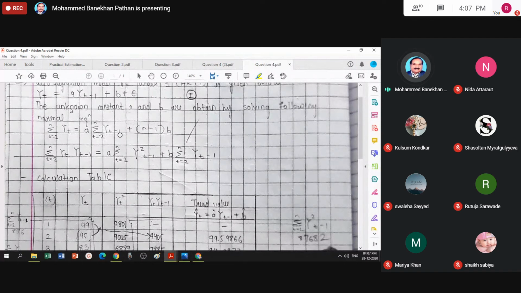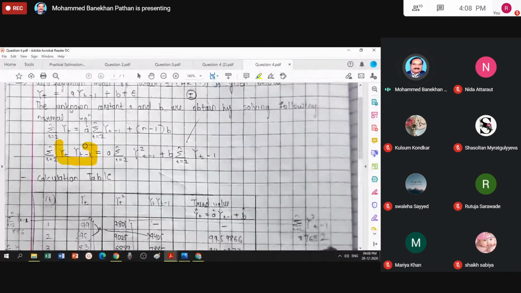Now t is 2, put it here, so it starts from y1. So this total starts from 1 and stops at n minus 1. See what I'm telling you. On the left hand side, the calculation starts from 2 up to the last. Here, the calculation starts from 1, stops at the second last value, not the last, plus n minus 1 times b. Similarly, make a product of the current value with the preceding and prepare a column.